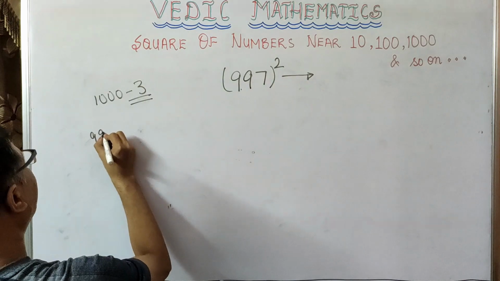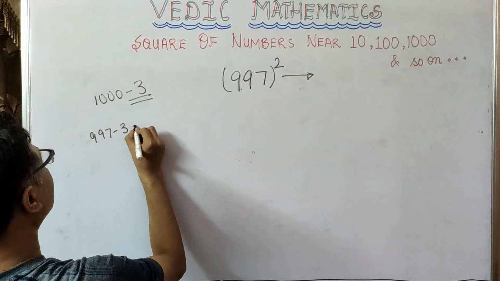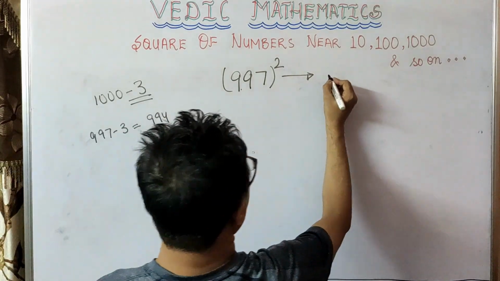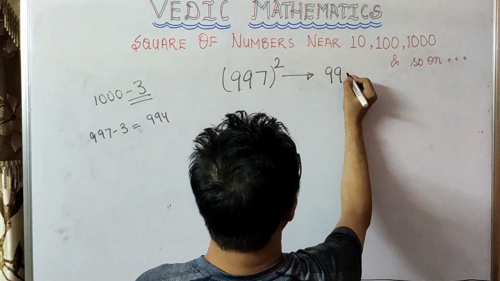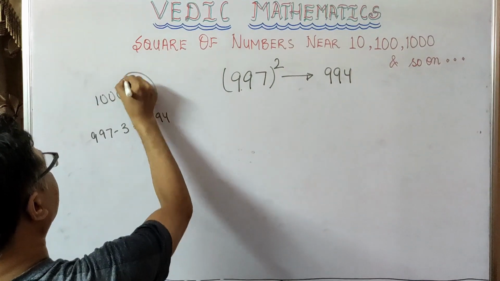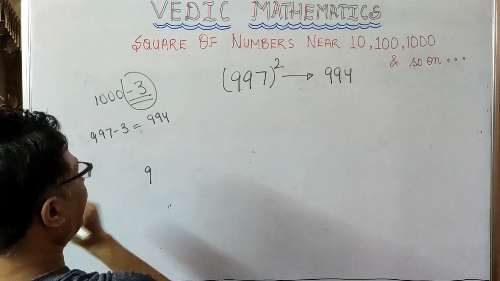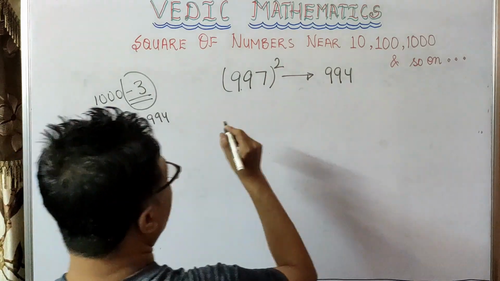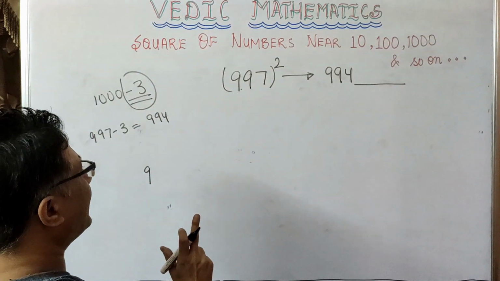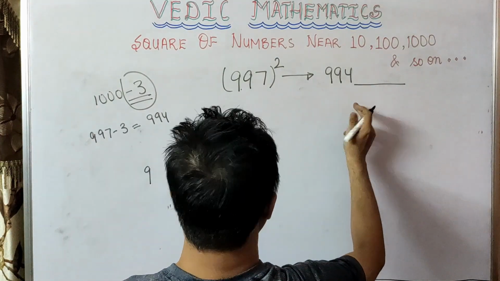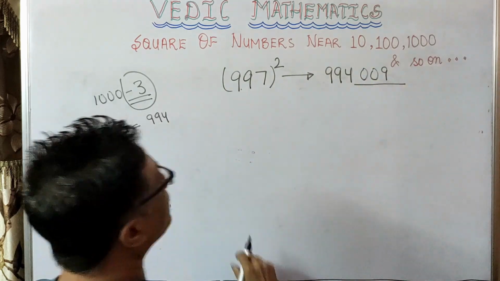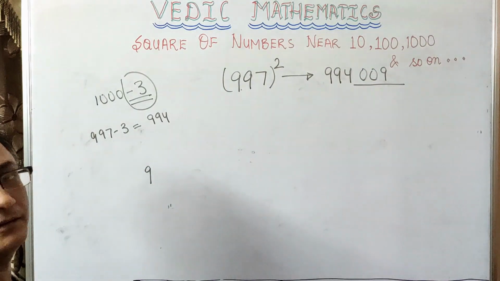So, 997 minus 3 is 994. This is our first part of the answer. Then, for the second part of the answer, you square this. This is 9. The square is 9. But remember, because the base is 1000, we have 3 digits over here. So the answer will be 009. That will be the answer.